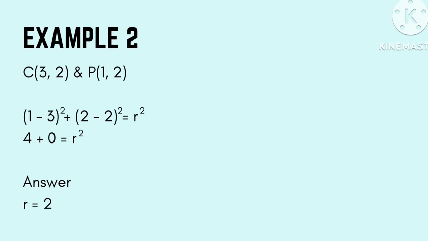So we substitute it to our standard equation, and that will result to (1 minus 3) squared plus (2 minus 2) squared equals r squared. So we will have 4 plus 0 is equal to r squared, and our answer would be 2, since we are measuring distance. Since we are talking about the distance, we shouldn't forget about the unit. But since the given did not give a specific unit to use, we'll just put 2 units.